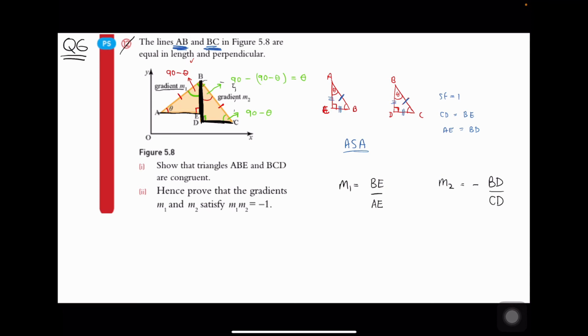So I'm going to use these facts here. M1 is equal to, I'll write CD over, and I'll replace the AE with BD here.